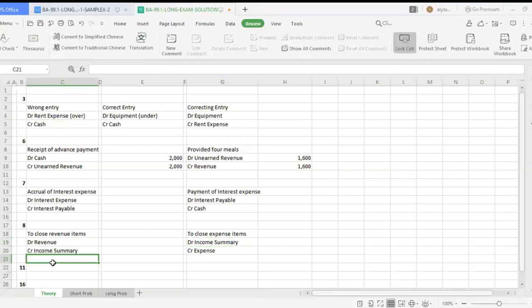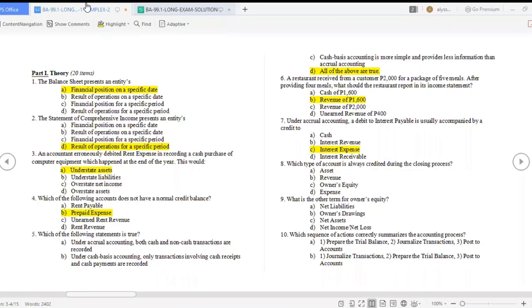We close them every period. So what is always credited during the closing process? The correct answer is letter D, since its normal balance is debit. So when you close it, it's always credited. Letter D.